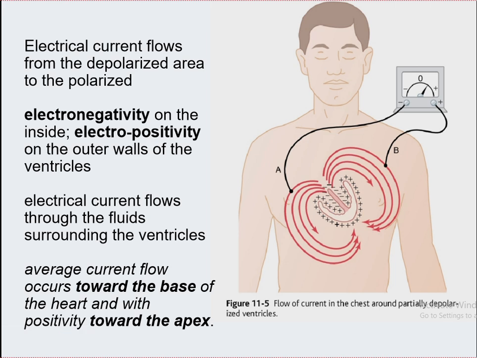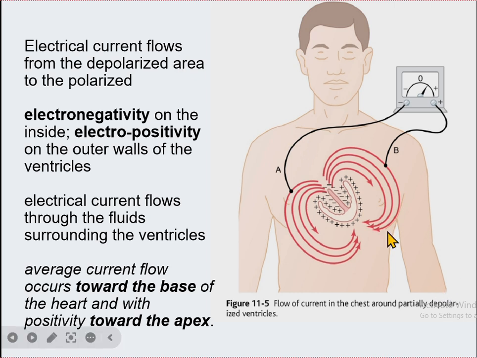So always, when the electric current flows from the heart, it has a specific direction. It will always flow from the depolarized region to the polarized region. So for most of the time, since the impulse comes from the sinoatrial node at the base of the heart, the impulse will be flowing from the depolarized region, meaning from the atria towards the ventricle.